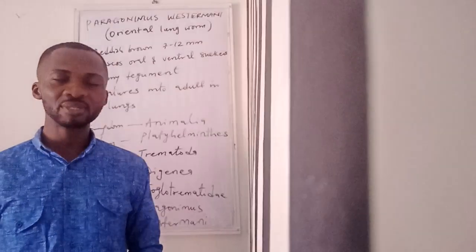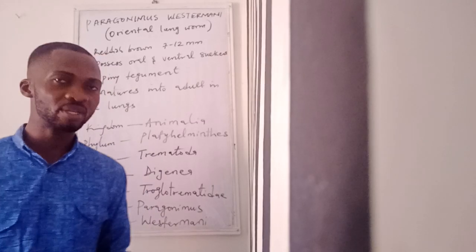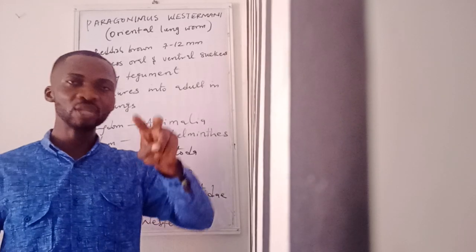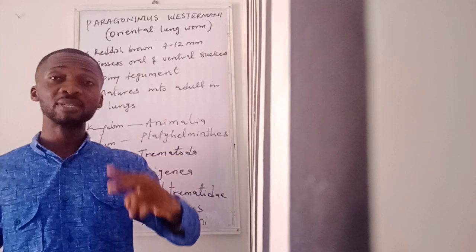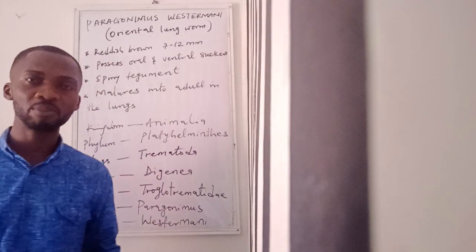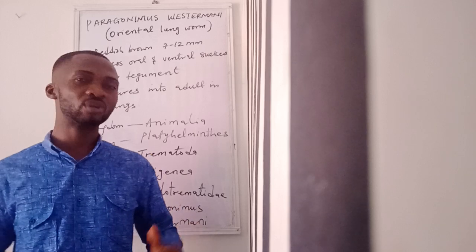When next the person passes out feces, the eggs go out to the external environment. So there are two different ways through which the eggs of this parasite can be released into the external environment.